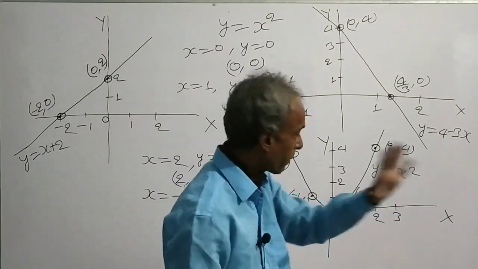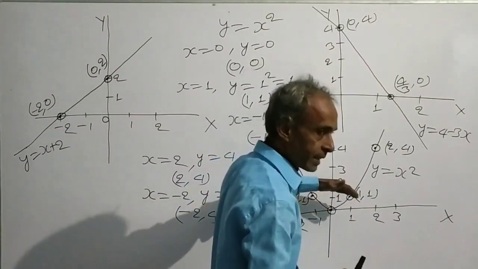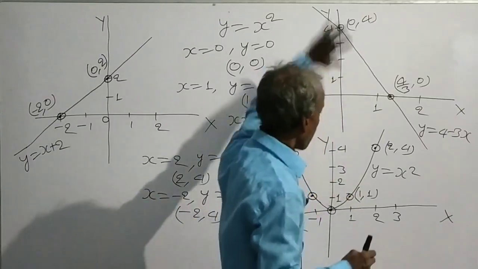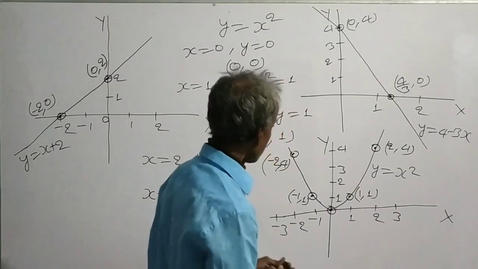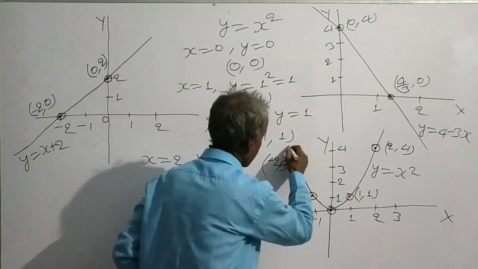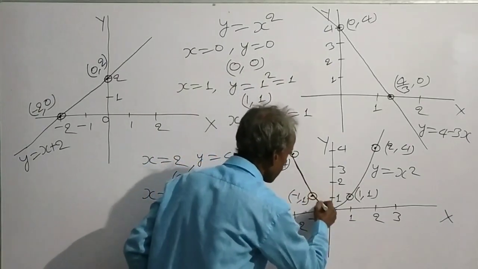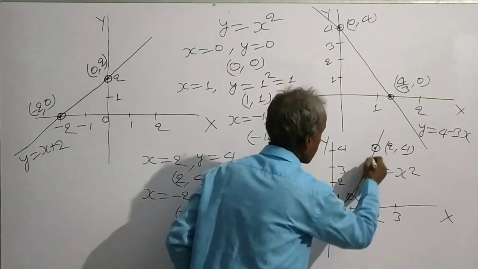This is the meaning of symmetry. And it opens upward. This is the graph of parabola y is equal to x square.